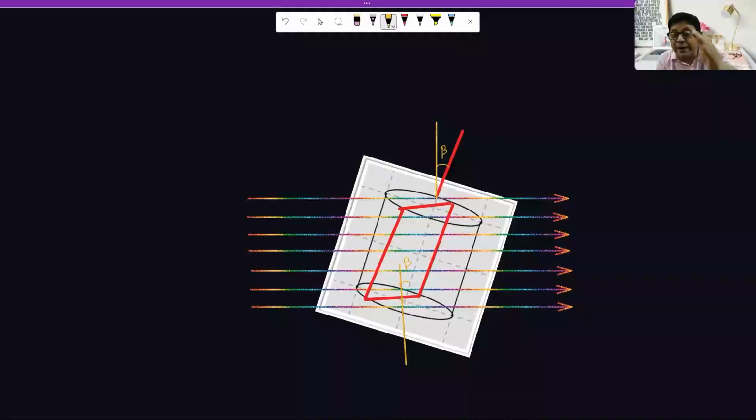It is rotated by an angle beta. This is the axis of the cylinder. You can see this axis of the cylinder, joining these two red points, is inclined by an angle beta with the vertical. It is situated in a uniform electric field of strength E. Your problem is to calculate the flux linkage. So how do we account for this? How many surfaces are responsible? This time flux will pass through the end caps also.